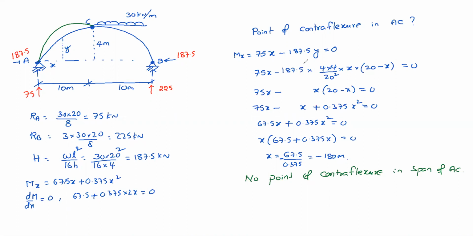So one more 20 should be there, right? That is how much? 7.5. Okay, 7.5 into 20, 150. Yes, 150. Minus 150x.